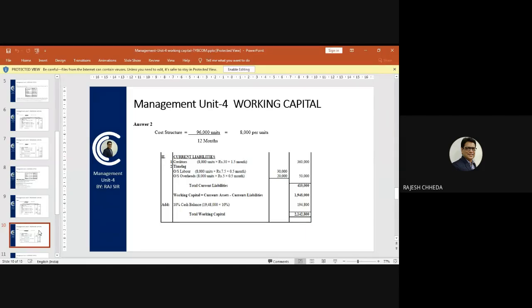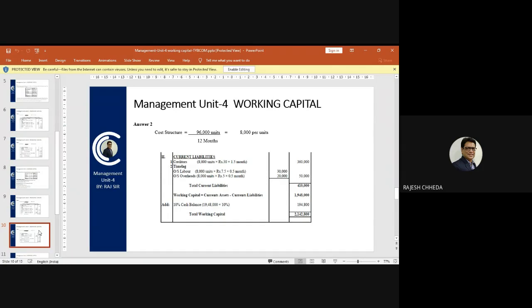Management must see to it that all the time they have enough working capital and there is no shortage of working capital. As an accountant, you will be telling your boss, your director, that I have done this calculation, and as per my calculation, I am estimating the future requirement of working capital at rupees 21,42,800.